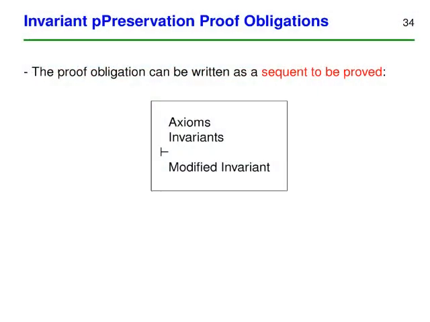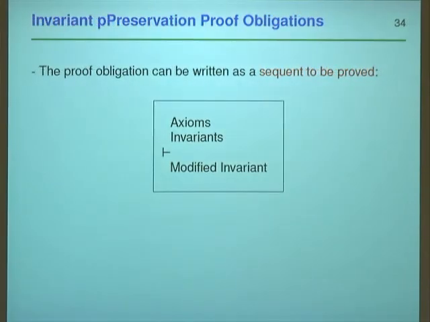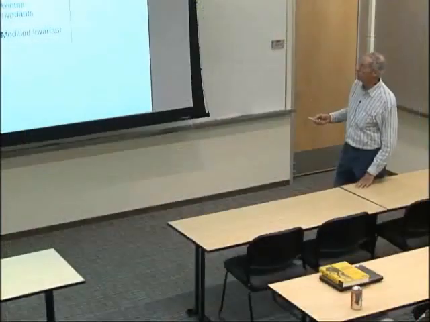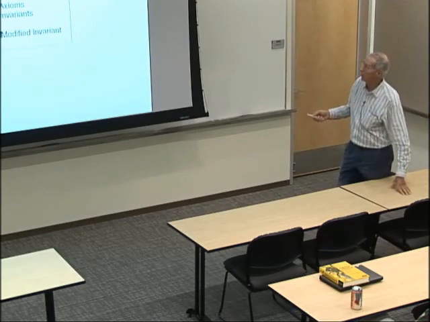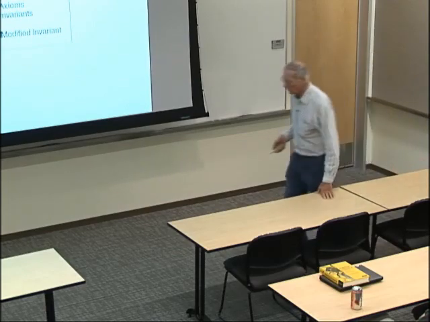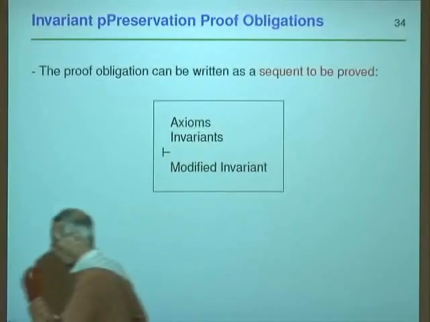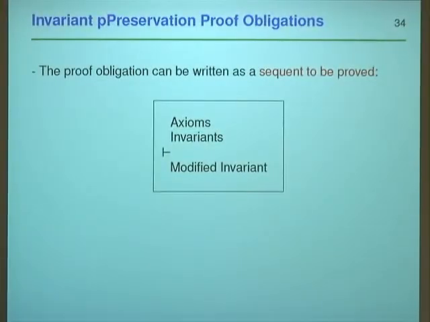So the general form for this invariant preservation proof obligation is the following, in a vertical way. Under the axioms and the invariants as assumptions, I have to prove for each invariant that the invariant, modified by the before-after predicate, is still true. This proof obligation will be part of a plugin in the Rodin platform, which will precisely be the proof obligation generator.